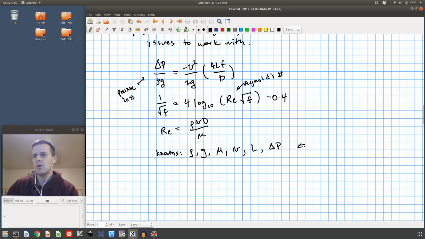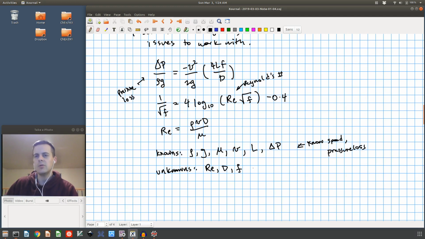So we know the speed and pressure loss. And the unknowns are going to be the Reynolds number, the pipe diameter, and the friction factor.